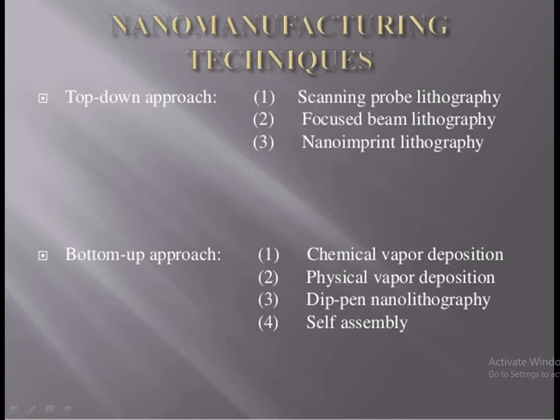Once again, let us see the top-down and bottom-up approaches. Top-down includes scanning probe lithography, focused beam lithography, nano imprint lithography, and the bottom-up approach includes CVD, that is chemical vapor deposition, PVD, physical vapor deposition, dip pen nano lithography and self-assembly.